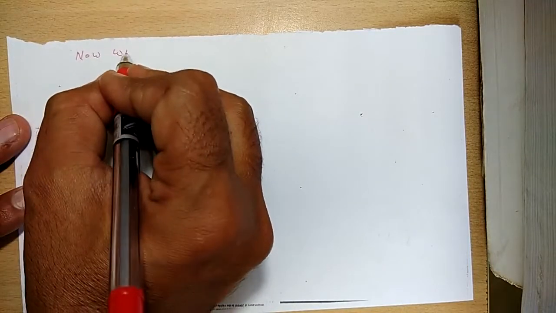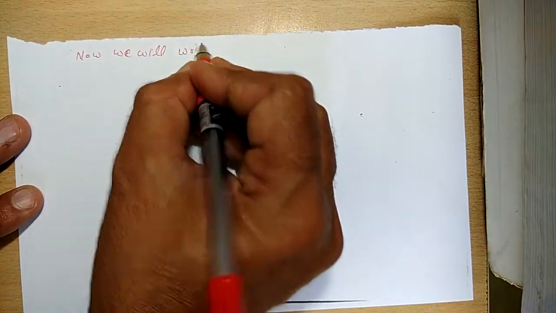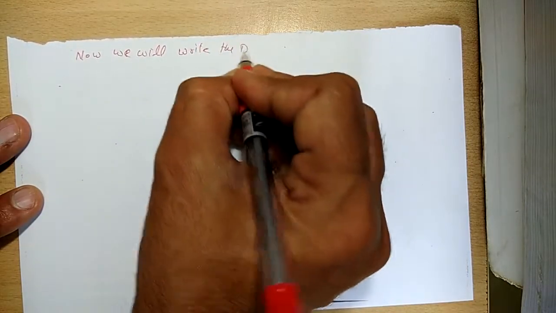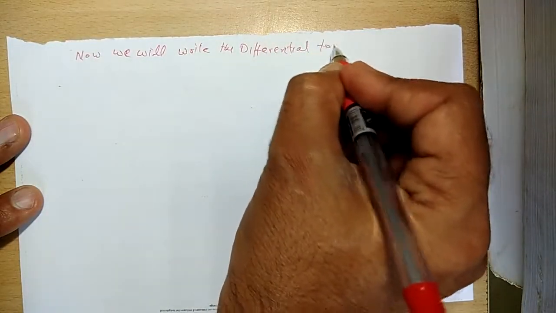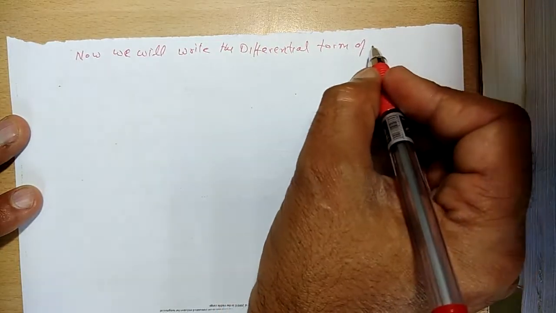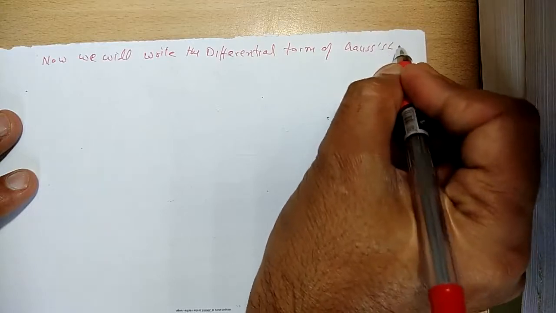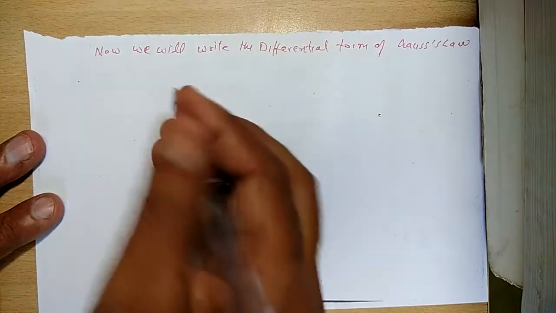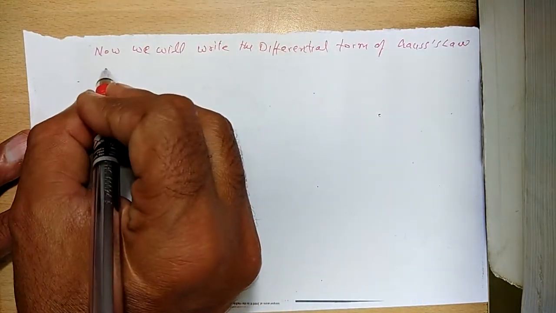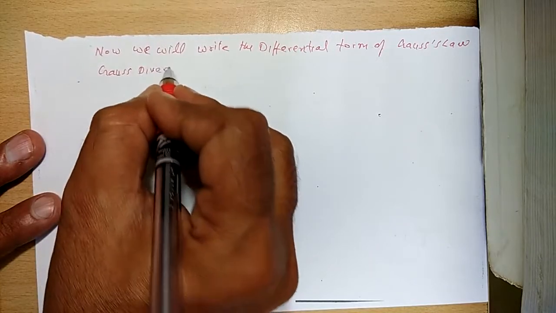Now we will write the differential form of Gauss law. So in order to write the differential form, we will use the Gauss divergence theorem.